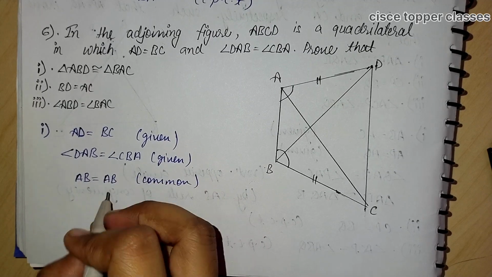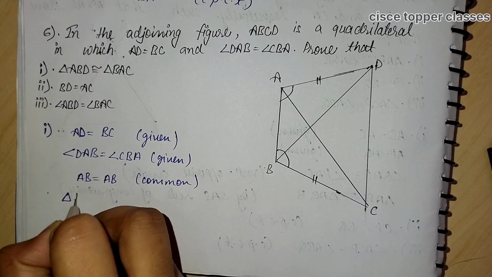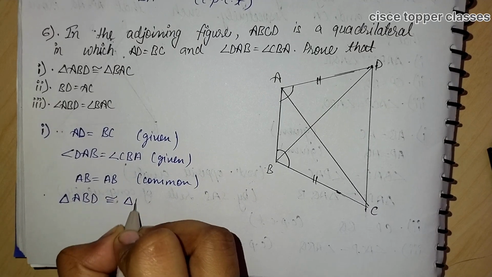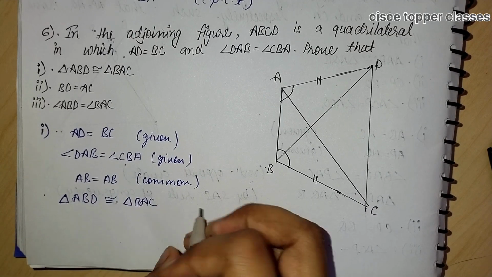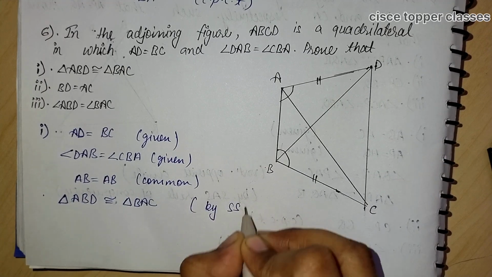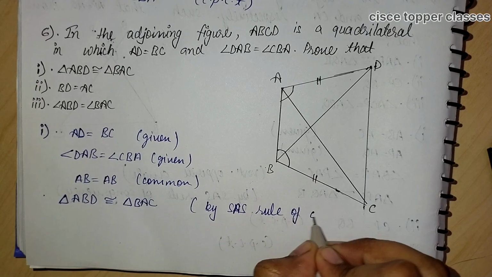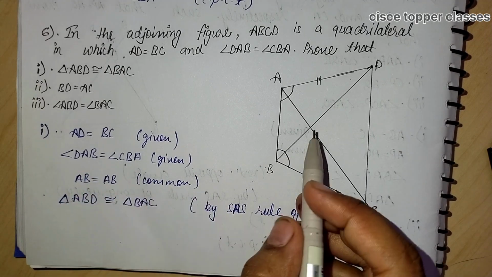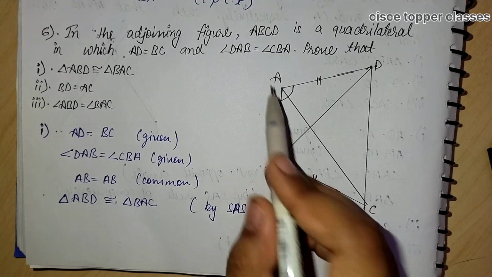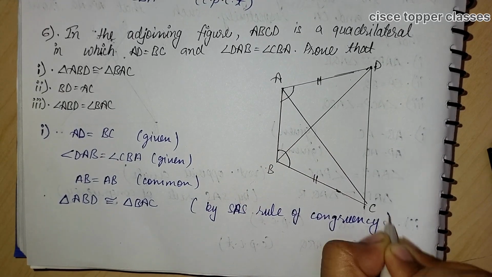So simply by SAS congruency we can prove that triangle ABD is congruent to triangle BAC, because the angle here is the included angle between the sides AB and AD, and AB and BC.